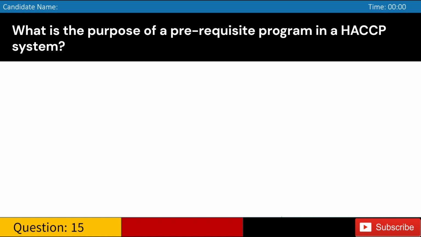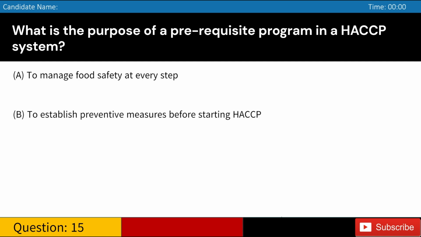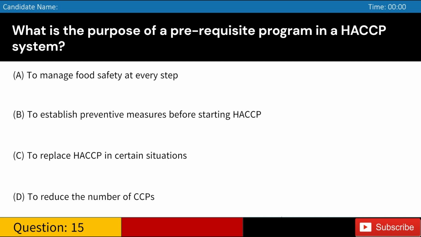What is the purpose of a prerequisite program in a HACCP system? A. To manage food safety at every step. B. To establish preventive measures before starting HACCP. C. To replace HACCP in certain situations. D. To reduce the number of CCPs. Answer B. To establish preventive measures before starting HACCP.